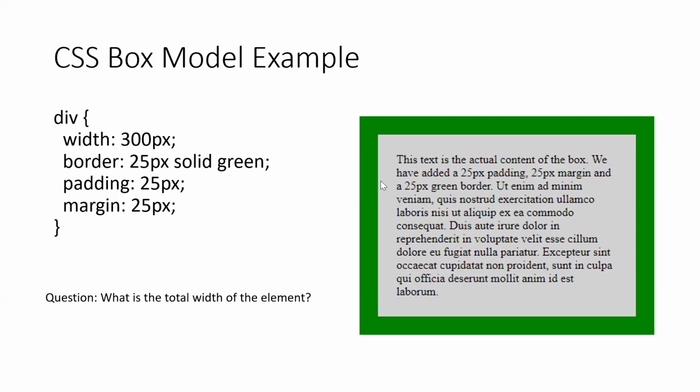So what is the total then? We have 300 plus 50 plus 50 plus 50. So you will have 450 pixels. The whole element should take about 450 pixels of total space.